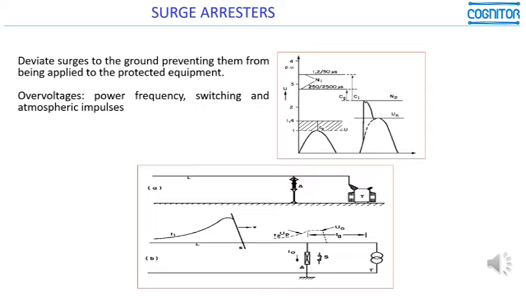And if you look at the circuit, this voltage drop is basically the same value that will be applied to the insulation of the transformer, the equipment that is protected by the surge arrester. Then what we do in the specifications and in the tests of the surge arresters is to specify and to test with the values that are expected to occur in the power system.